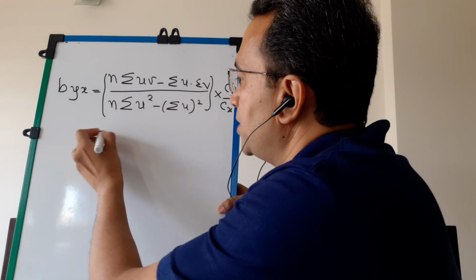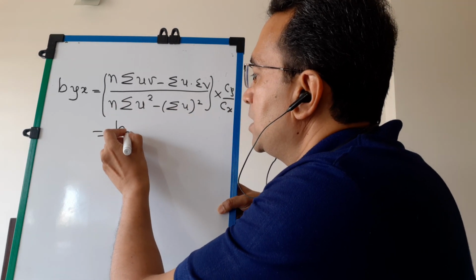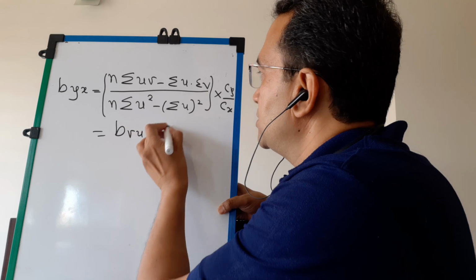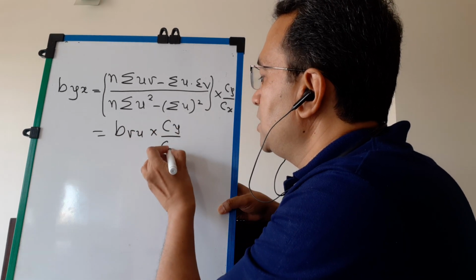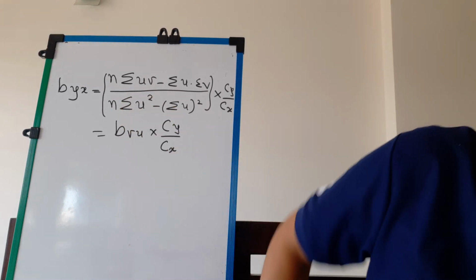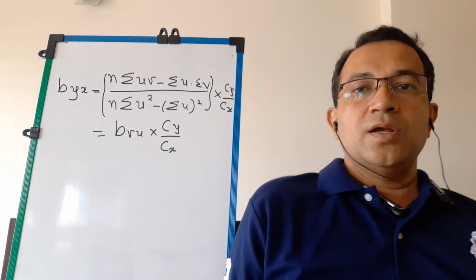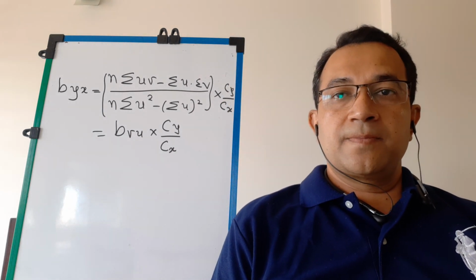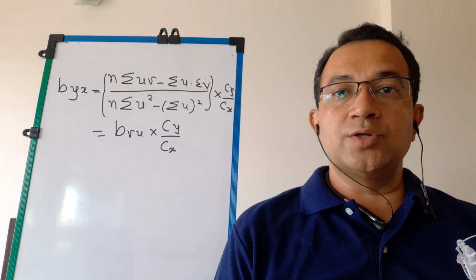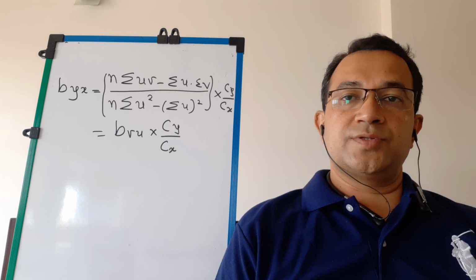If I call this bracket b_vu, then this is b_vu into cy upon cx. This formula, students, today we are going to use in our sums.